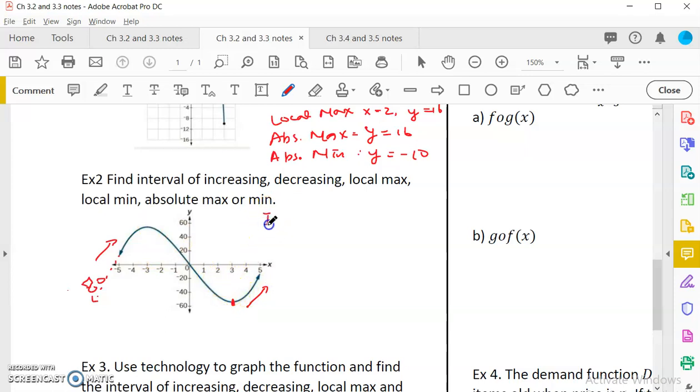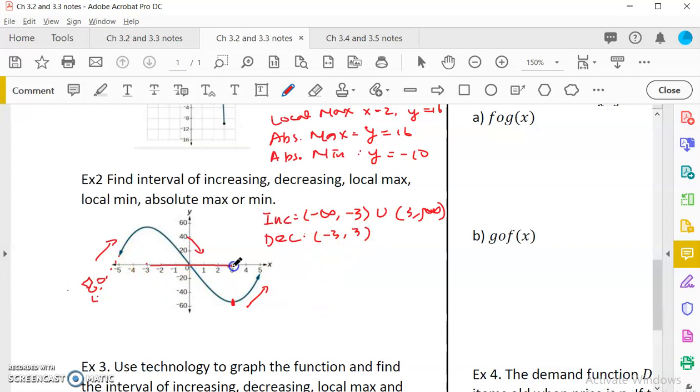So increasing interval is from -infinity to the highest point, I would just pretend it's -3, and then from 3 to infinity. Decreasing is the middle when it is sloping down, so -3 to 3.